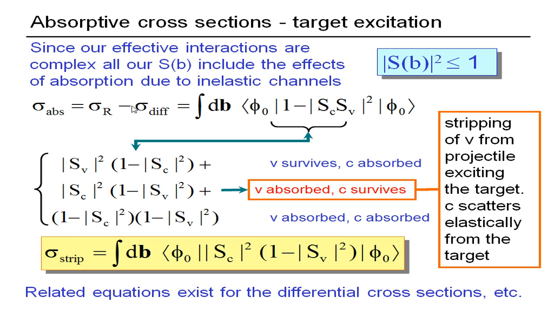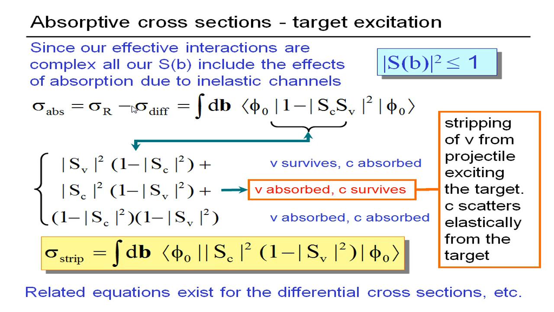I would claim it's given by this expression here. We're interested in the particle coming in this ground state, so there's a ground state either side. That was the structure we were talking about before. And 1 minus S core, S valence squared. What does that combination of stuff mean? That's my question.